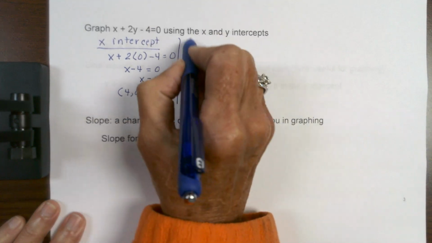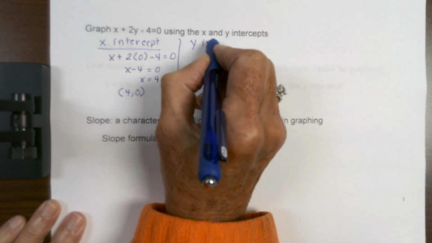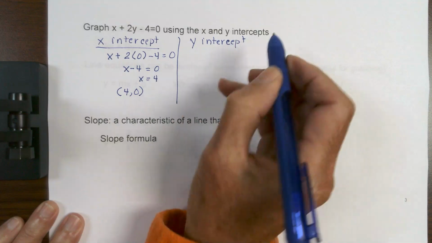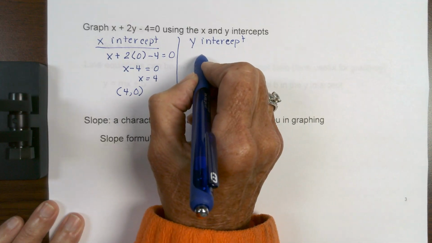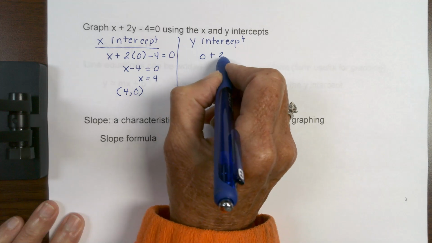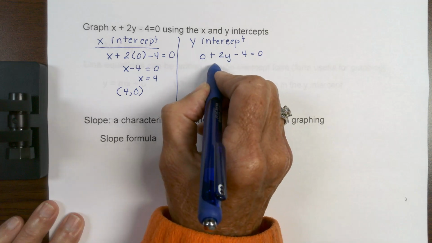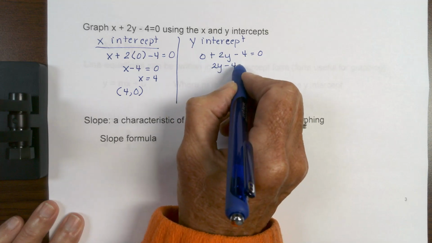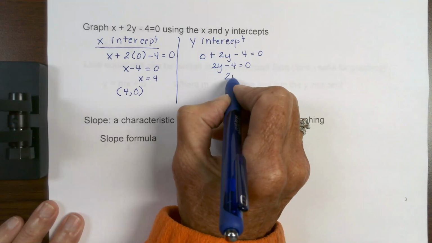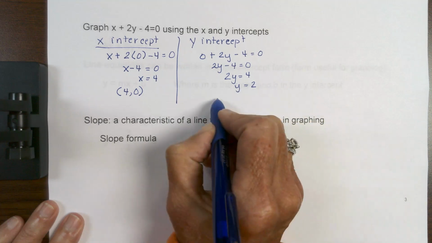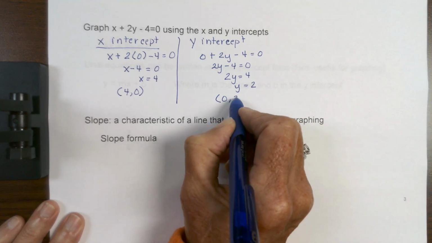And then the y-intercept, you're going to let x equal 0. So I have 0 plus 2y minus 4 equals 0, or 2y minus 4 equals 0. You solve and find that y is equal to 2. So that's the point 0, 2.